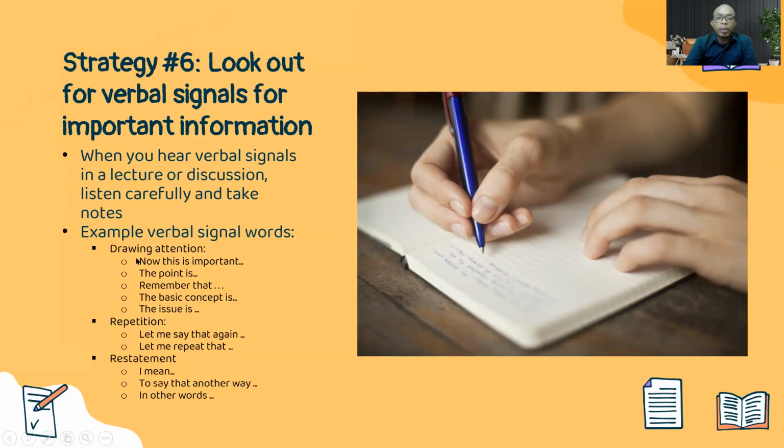So again, when you hear these signals, make sure you don't miss the information following the signals. Those points of information will likely be asked in the questions. So that's how you identify if information is important or not.